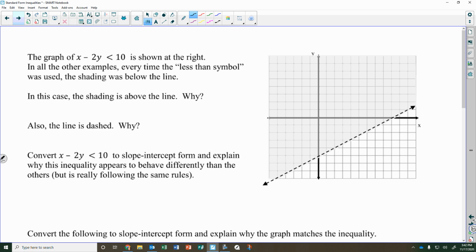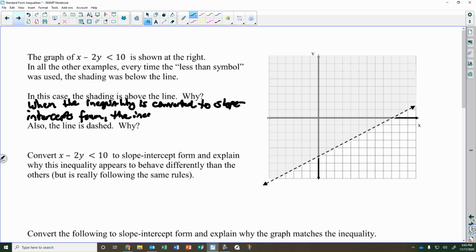And this answer is because it says when the inequality is converted to slope-intercept form, the inequality sign will flip.